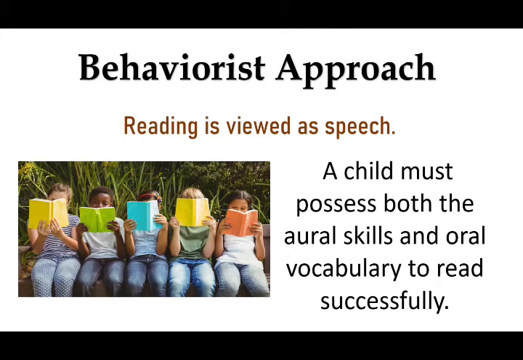So in this, a child must possess both the oral skills and oral vocabulary to read successfully. So remember class, in behaviorism, no, children learn through imitation, no? Children learn through constant practice. Okay? So of course, environment as well plays a vital role in the development of the child.